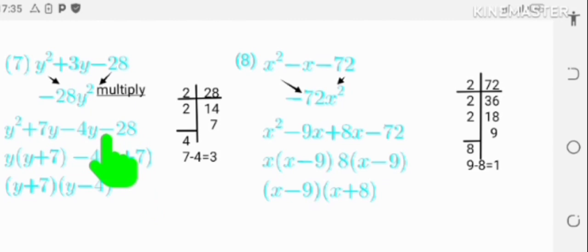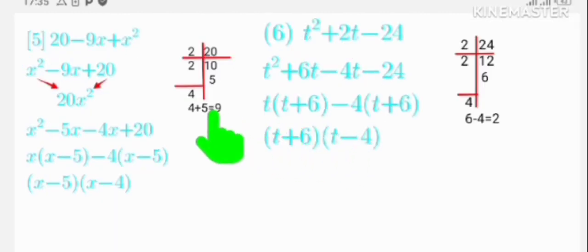Unlike the previous example we did, look at this place here. You can see that the sign here is positive, unlike what we saw earlier on. The sign here is positive, unlike what is here, where the two signs are negative. But here the sign is positive, while the smaller one is negative.